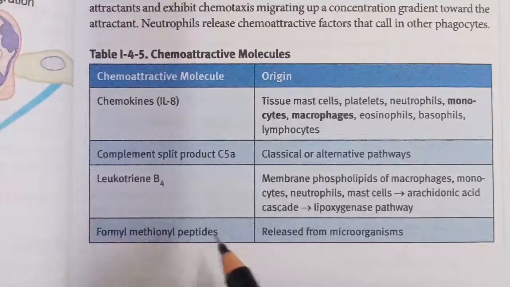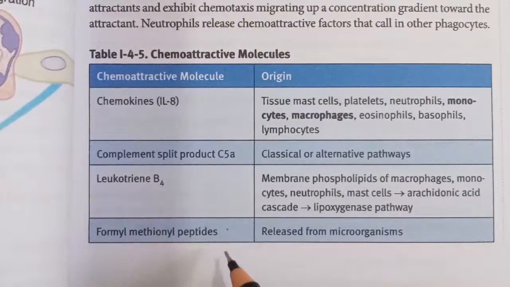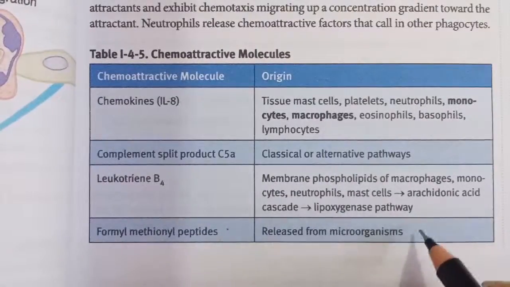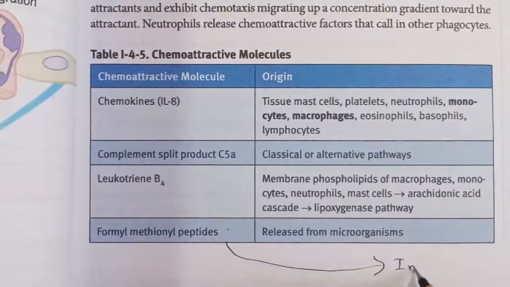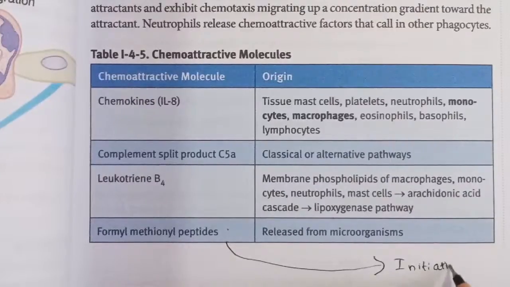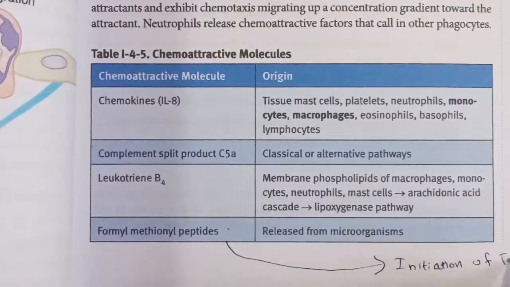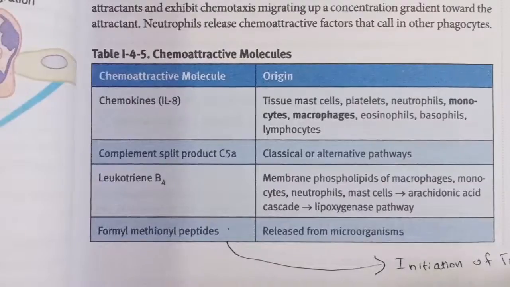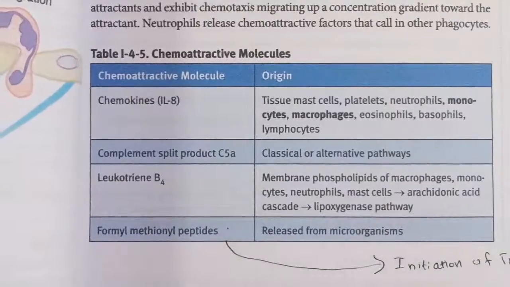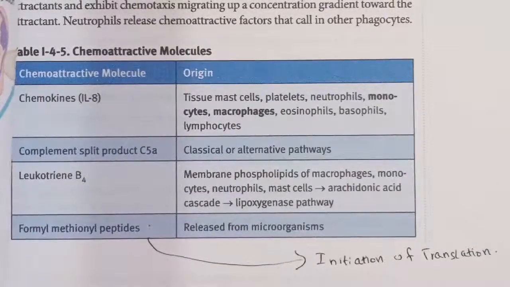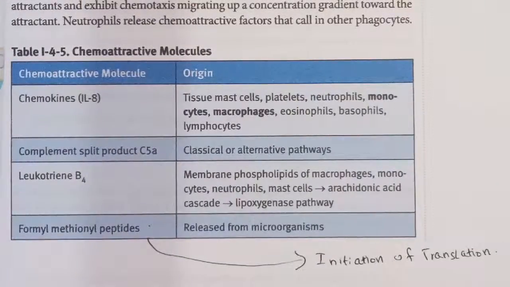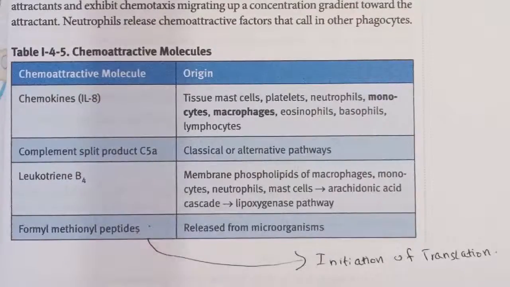Generally, these formyl methionine peptides are used for initiation of translation. Remember this. Formyl methionine peptides are used for initiation of translation.